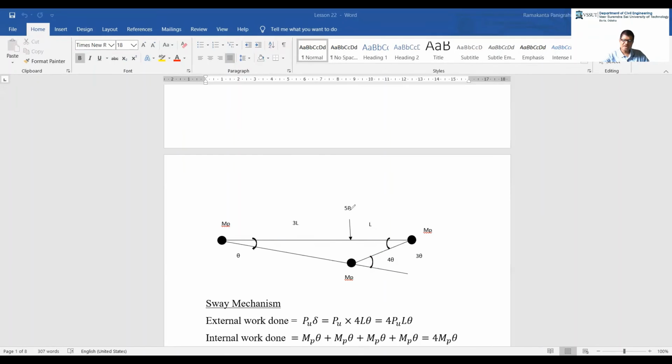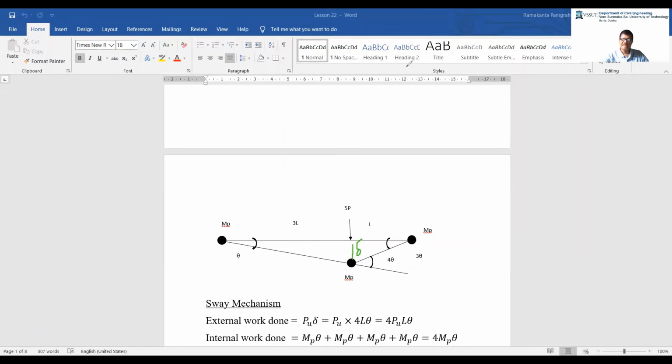Now what is the external work done? P into delta, and delta you can put as 3L theta. The internal work done is MP into theta, MP into 4 theta, MP into 3 theta. So 3, 4, 7, 8 MP theta.